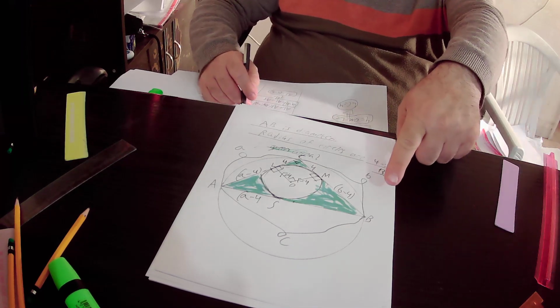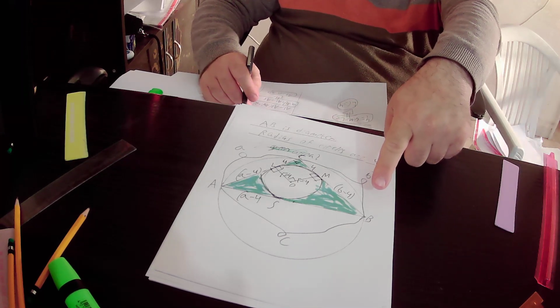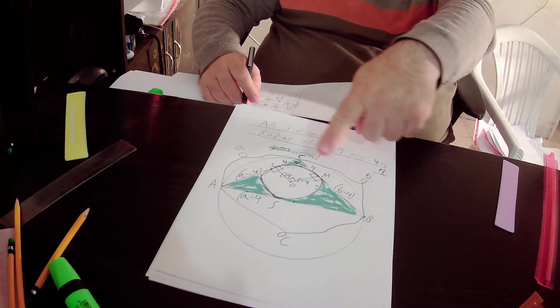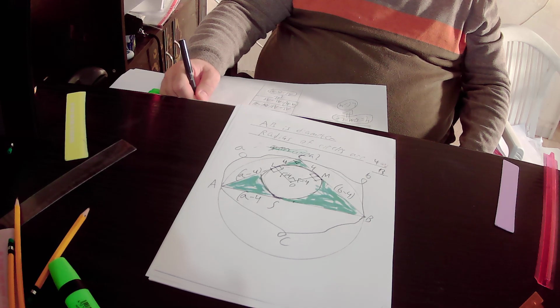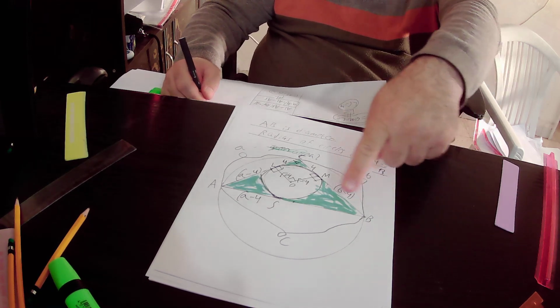The first tangent is tangent BM, and the second tangent is tangent BS.